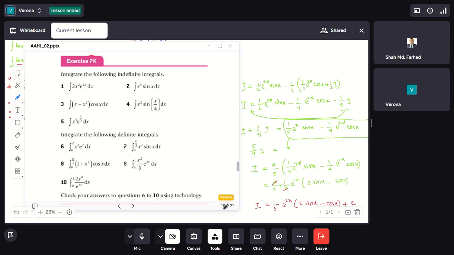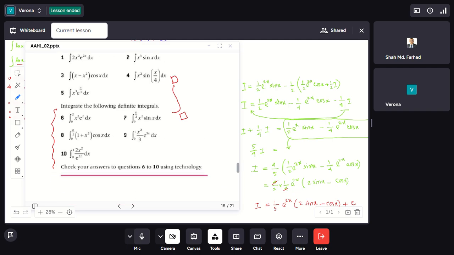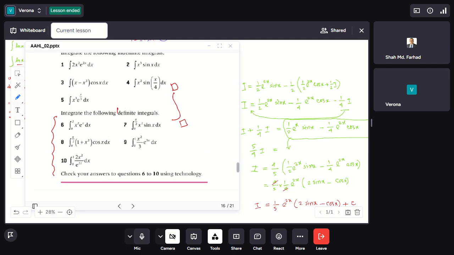That is from exercise 7K. Look at this. Have you done definite integrals? That means you are given two limits, upper limit and lower limit. That is called a definite integral if you are given the limits.